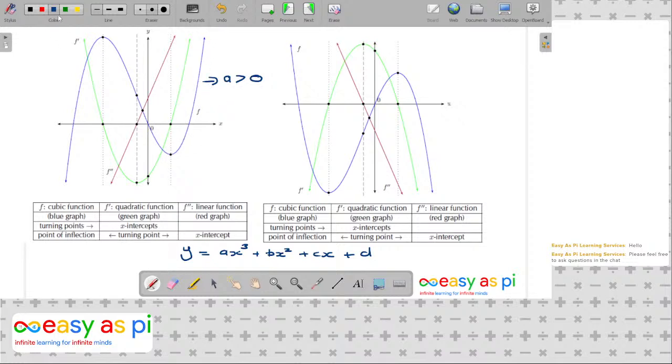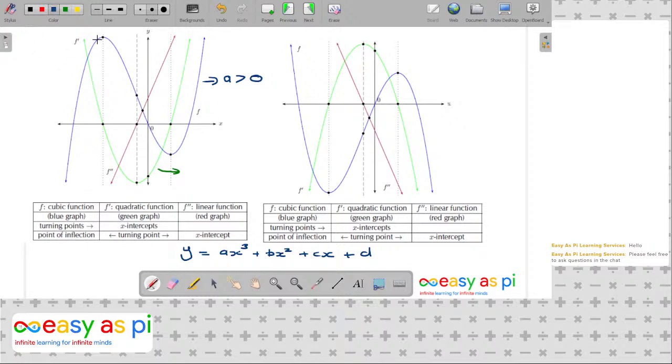Because a is greater than 0, the derivative is always a happy-faced parabola. Lastly, the second derivative is a straight line with a positive gradient, as highlighted here.